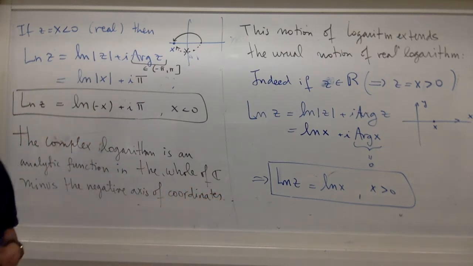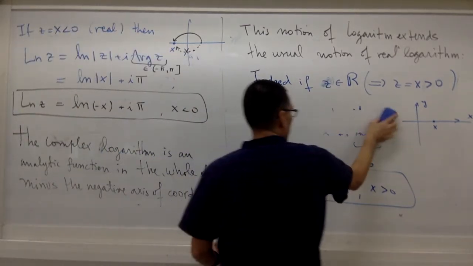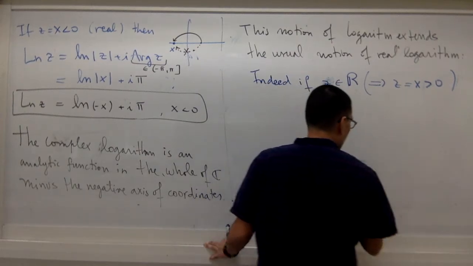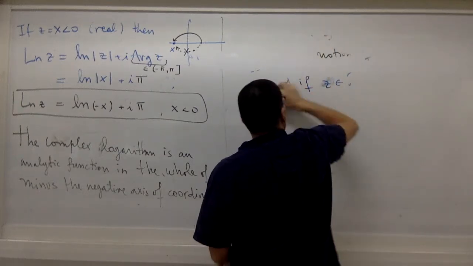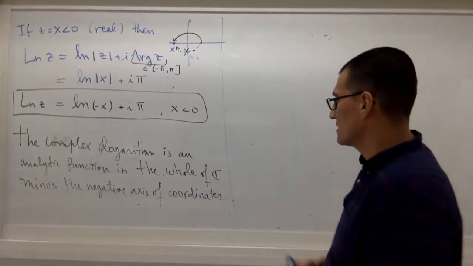So what's the domain of analyticity of the complex logarithm? And why is it analytic there? Why is it analytic in C except for the negative axis of coordinates?